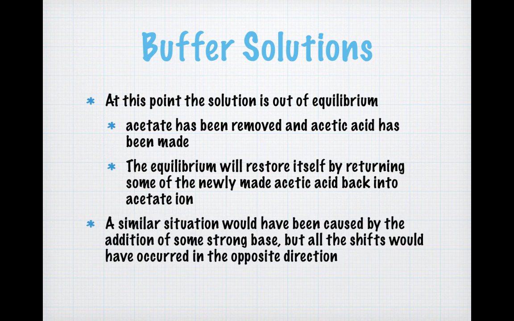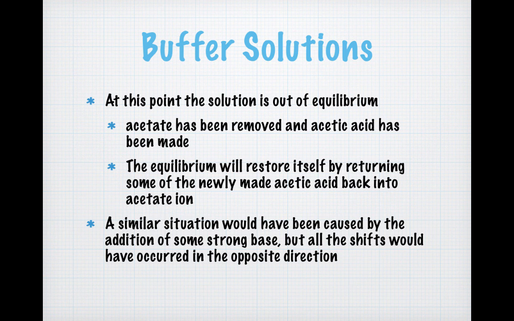Now a similar situation would have been caused by the addition of some strong base, but the strong base instead would have reacted with the acetic acid and created more acetate ion, and all of your shifts just would have occurred in the opposite direction.